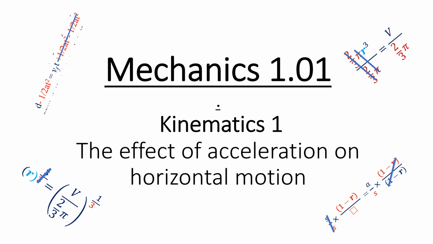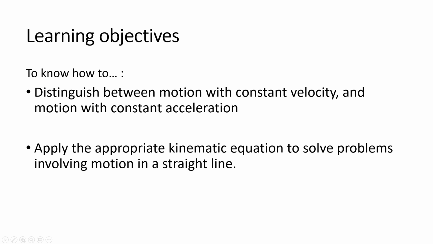So this really is the next step on from what you might have done in the past where you had constant velocity. So what we really want to look at in this video is the difference between what you already know in the situation of constant velocity and more advanced high school level physics where you have motion in a straight line with constant acceleration.